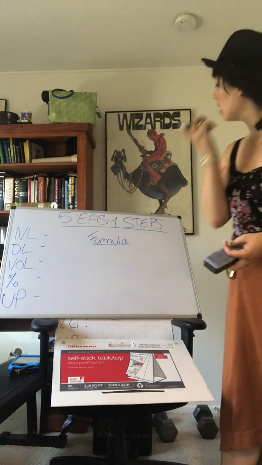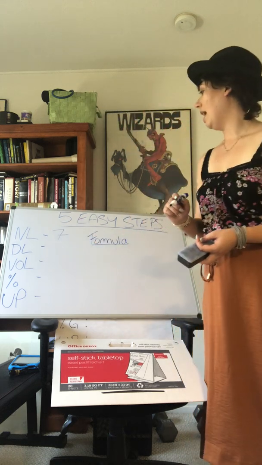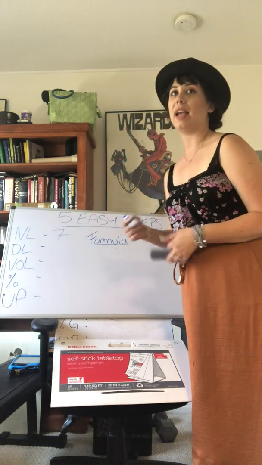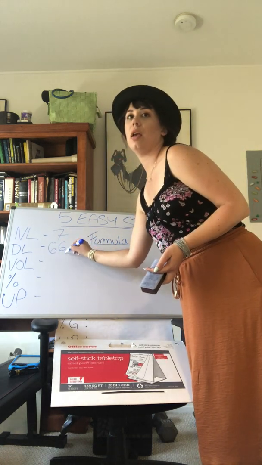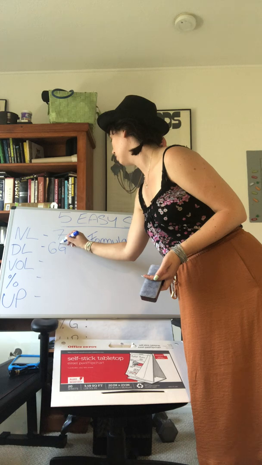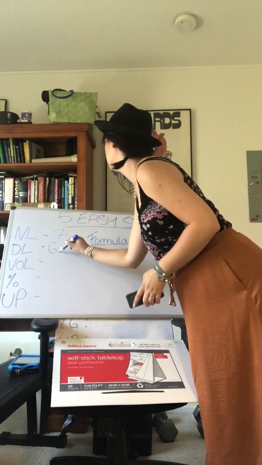So we have a natural level 7, and they'd like to be, let's say, a 6, let's do a 6 red brown.